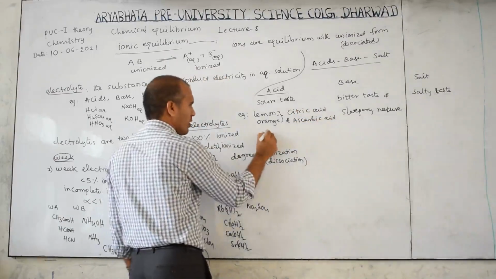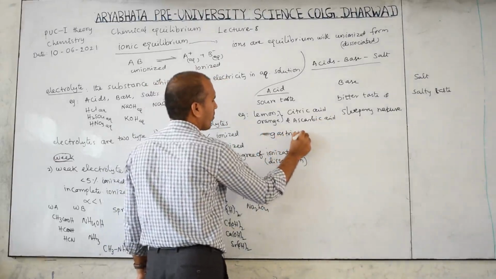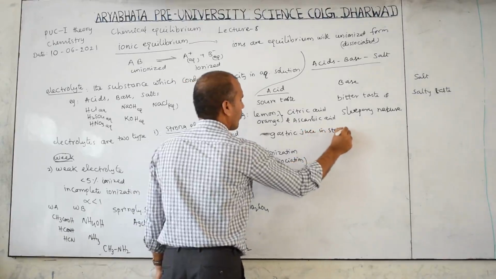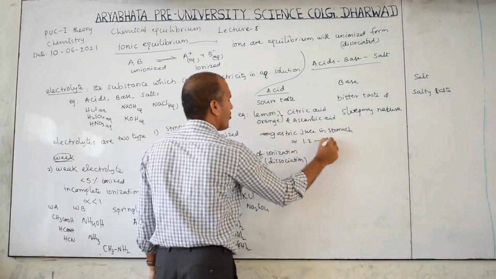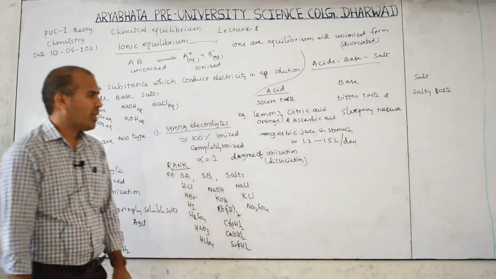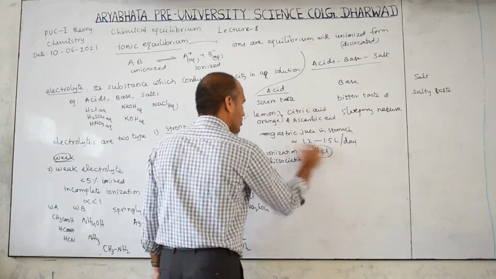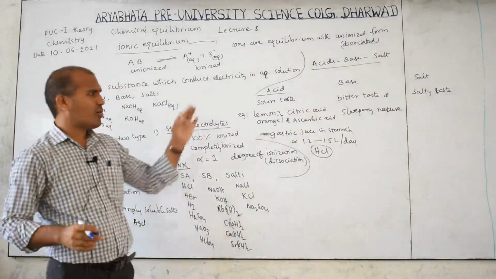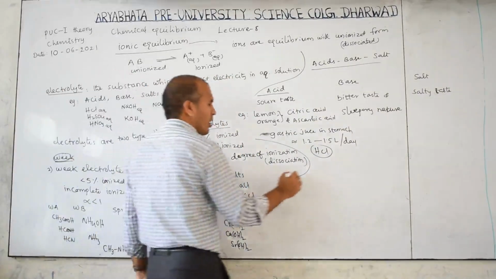In our stomach, gastric juice, nearly 1.2 to 1.5 liters per day is released in our body. This is a very strong gastric juice having which one? HCl.